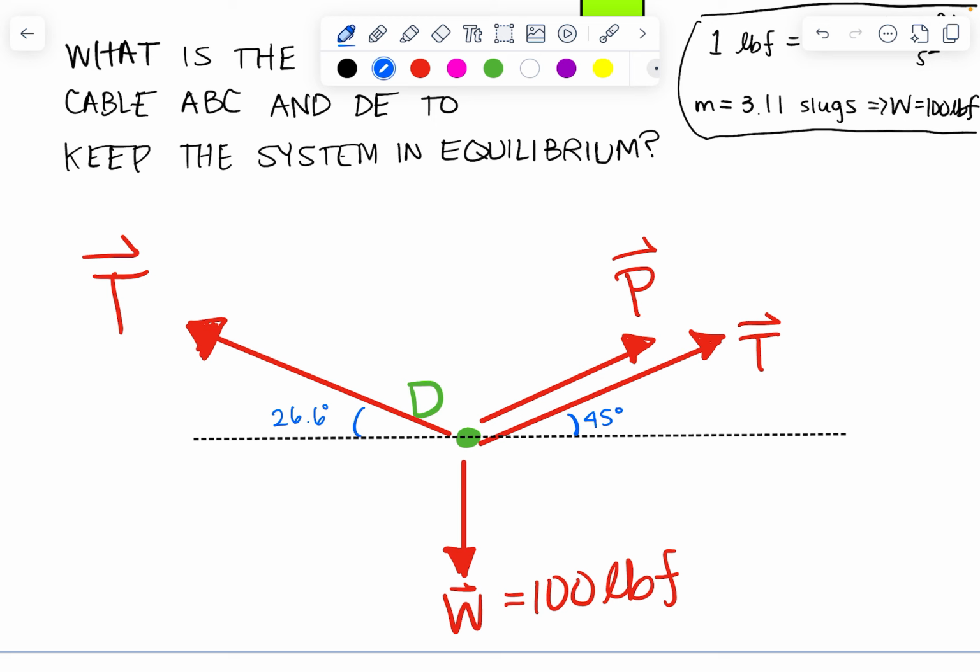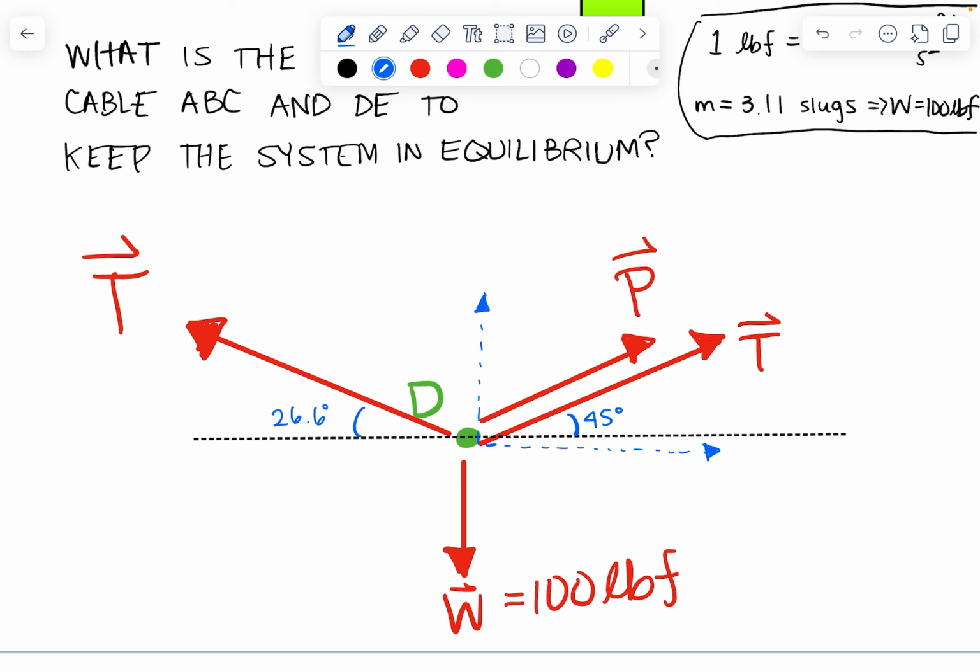So drawing the components of T on the right hand side, I get Tx is this vector, and Ty is going to be acting up like this, right?